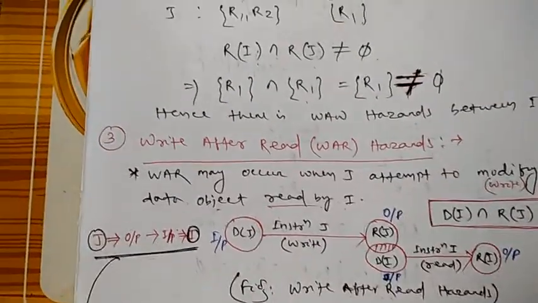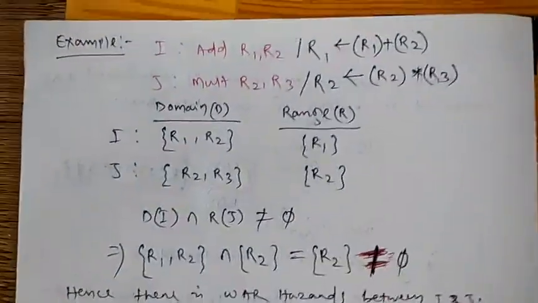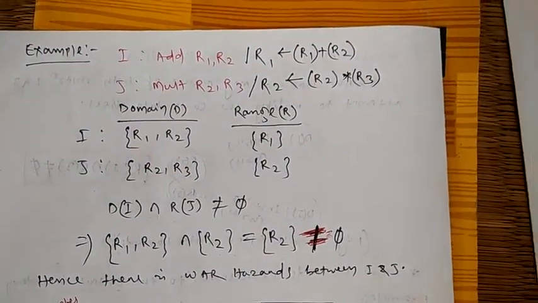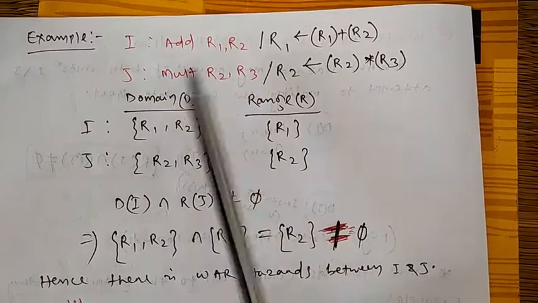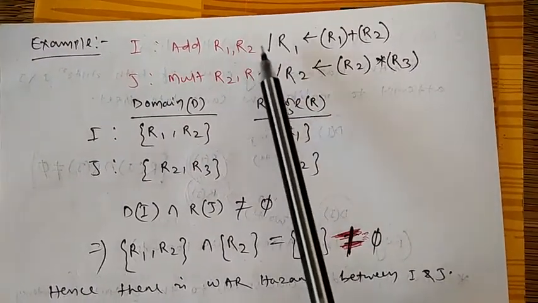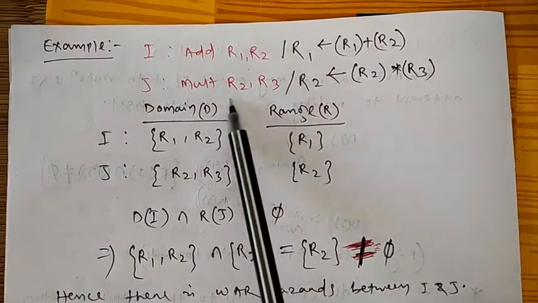So let's check through an example. Let there be two instructions, one is instruction I and another is instruction j. In instruction I, add r1 r2, one operation will be there, and in instruction j, there will be another operation, mod r2 and r3.